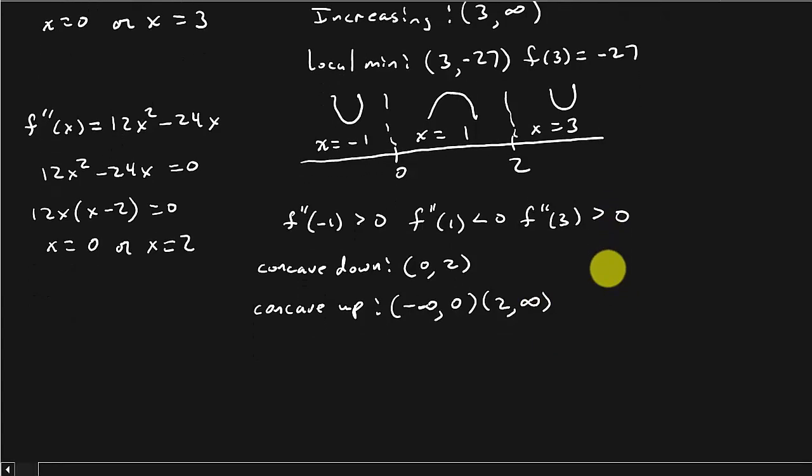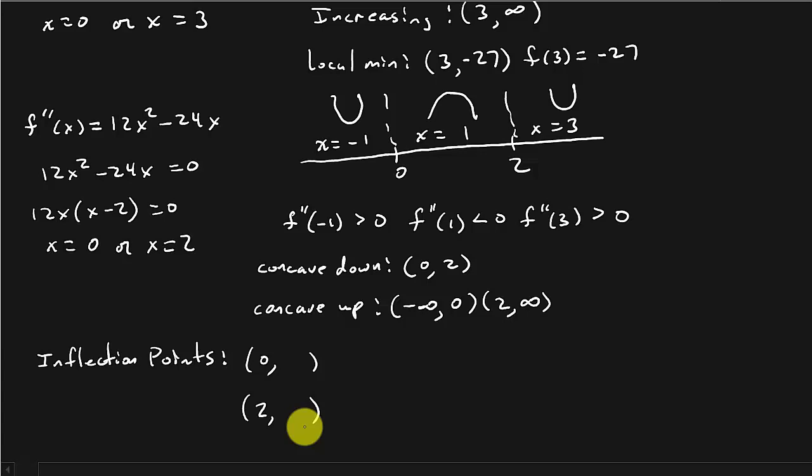All right, now we have our inflection points. So inflection points, that's where it changes concavity. Well, where does this thing change concavity? It changes concavity at x equals 0 and at x equals 2. And so I've got an inflection point at 0 and I have an inflection point at 2. Now, remember, this is a point. It's a point coordinate.